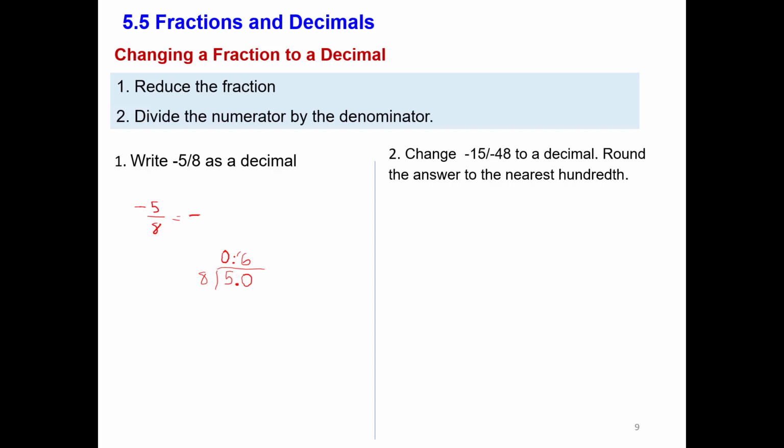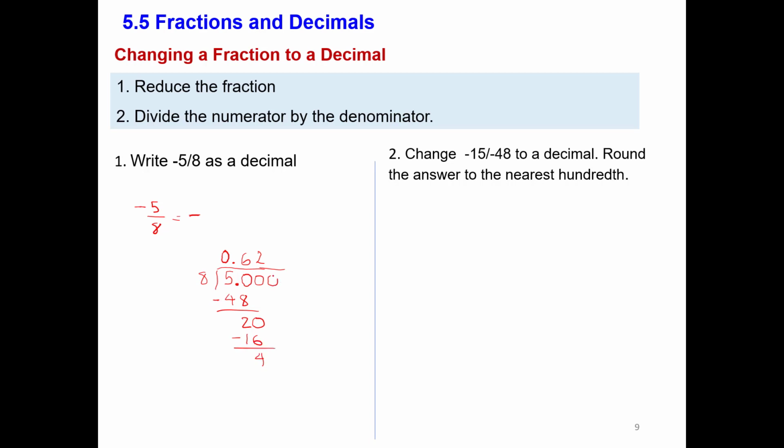6 times 8 is 48. 50 minus 48 equals 2. We add a 0 here. Now, how many 8s in 20? 2 times 8 is 16. 20 minus 16 is 4.